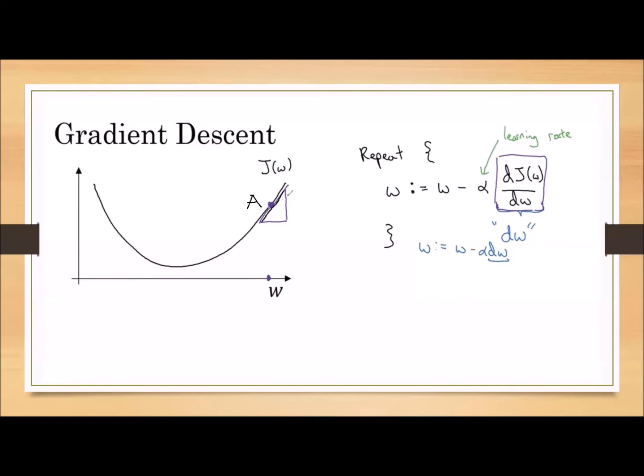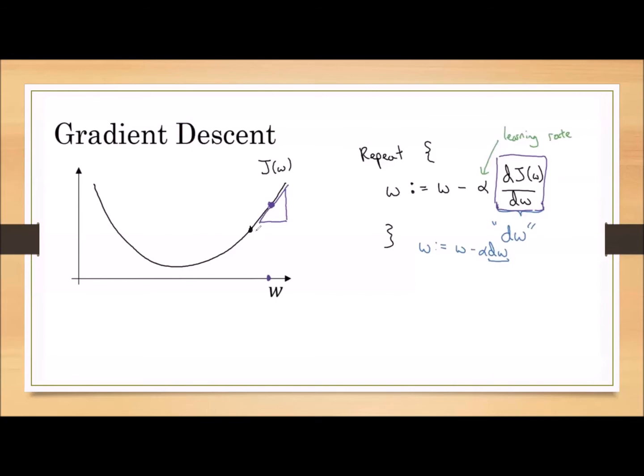The slope of this tangent is the slope of this curve at this point, so the differentiation at this point. The slope of this tangent is the differentiation of the cost function with respect to w. I have decremented one step, and after that again I am taking a tangent at this particular point.